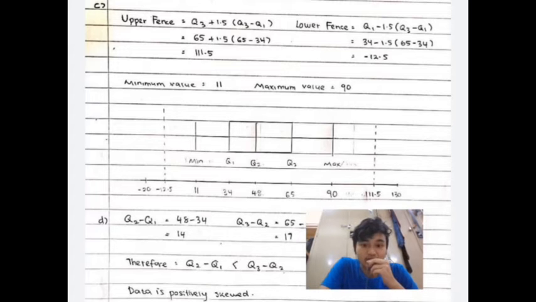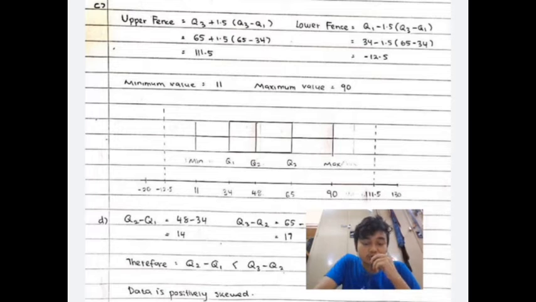For the lower fence, we use the formula lower quartile minus 1.5 in bracket upper quartile minus lower quartile, which equals 34 minus 1.5 in bracket 65 minus 34. The final value for the lower fence is negative 12.5. Based on the data, the minimum value is 11 and the maximum value is 90.